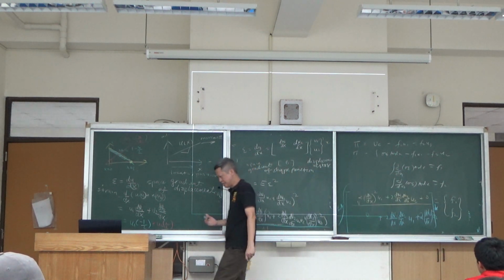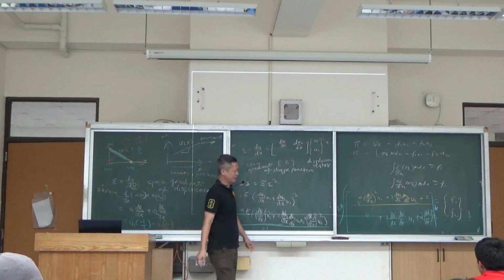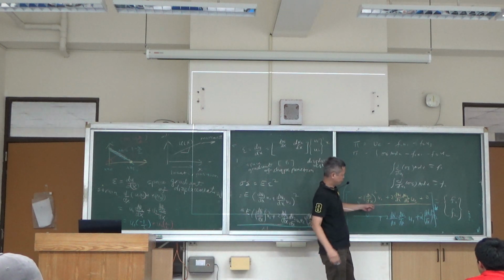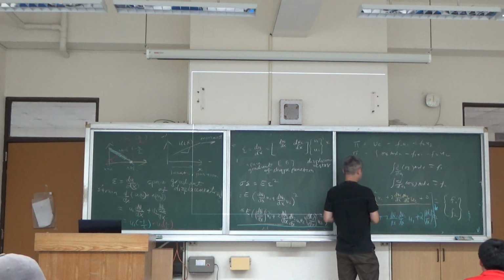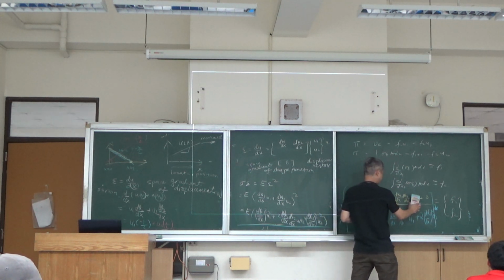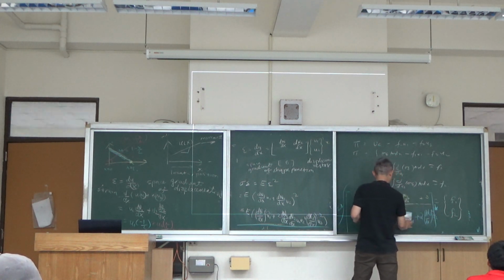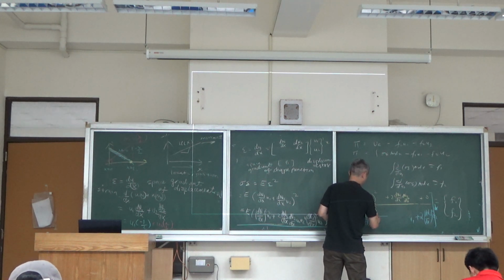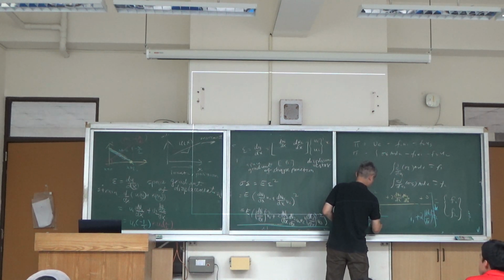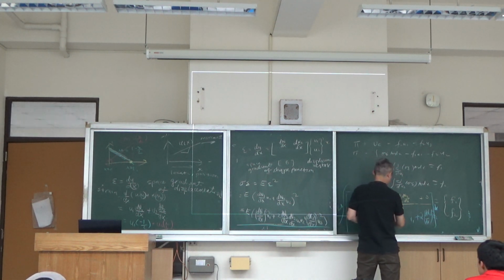Okay, in this way, you manage to get a stiffness matrix. So how is this stiffness matrix to be expressed? If I do a rearrangement, take everything here.